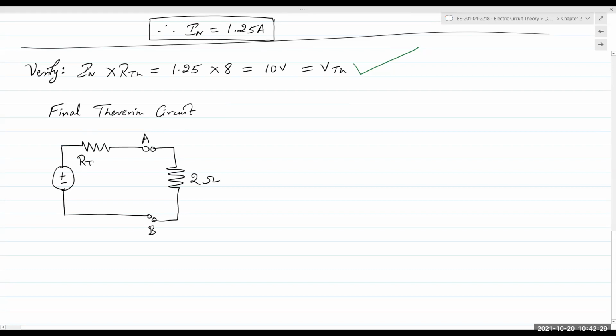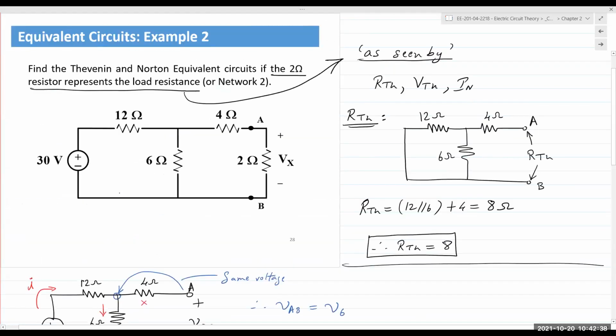My RTH was 8 ohms. My VTH was 10 volts. That is my final Thevenin circuit.